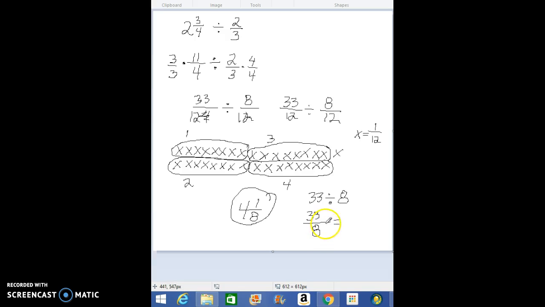So 33 divided by 8 is 4 1/8. So just as a wrap up, I really love this approach and the connected algorithm for dividing fractions because I think it makes sense to students, and I am all about making sense to students.